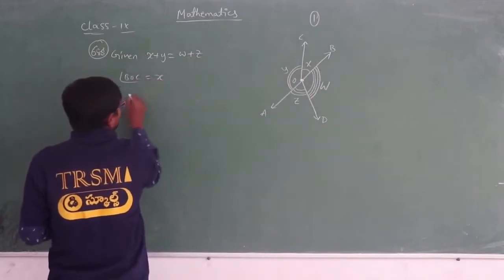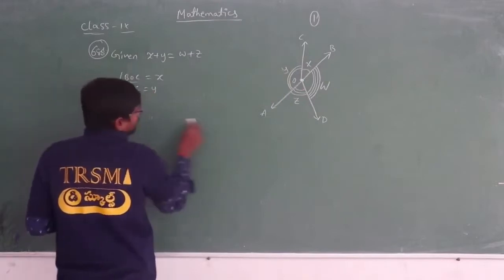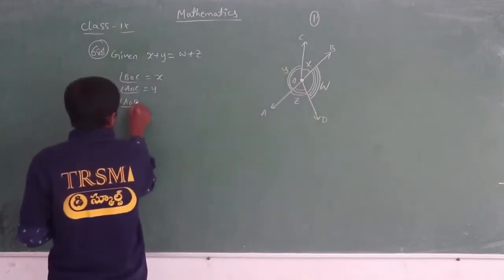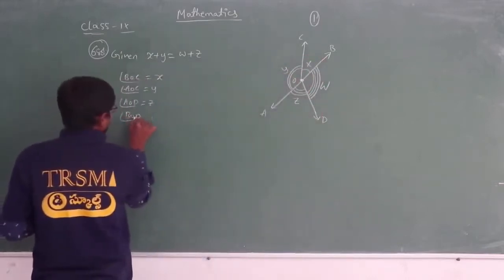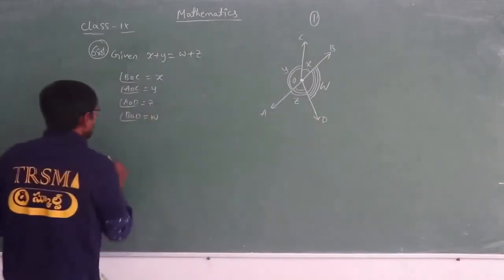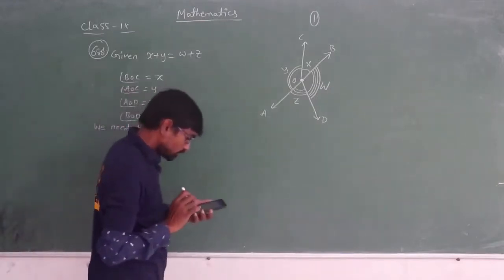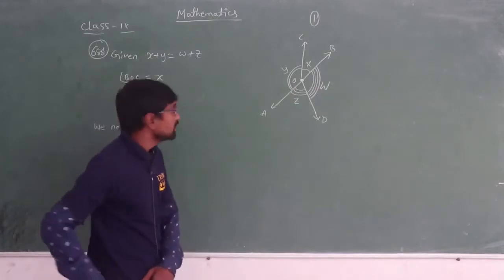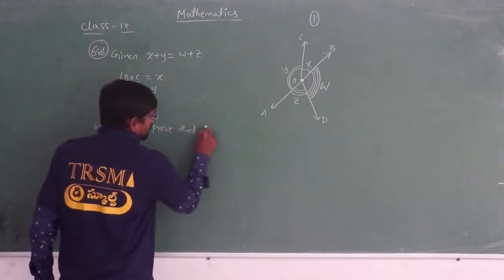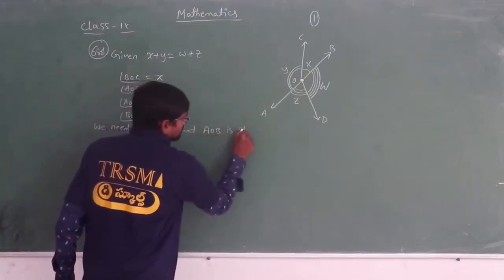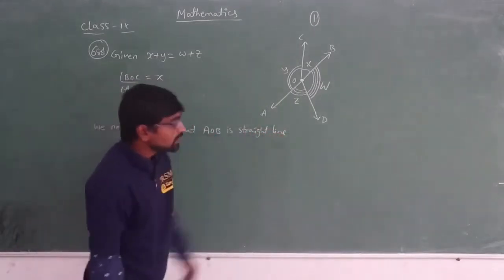Angle BOC is given as X, angle AOC is given as Y, angle AOD is given as Z, and angle BOD is given as W. We need to prove that AOB is a straight line.